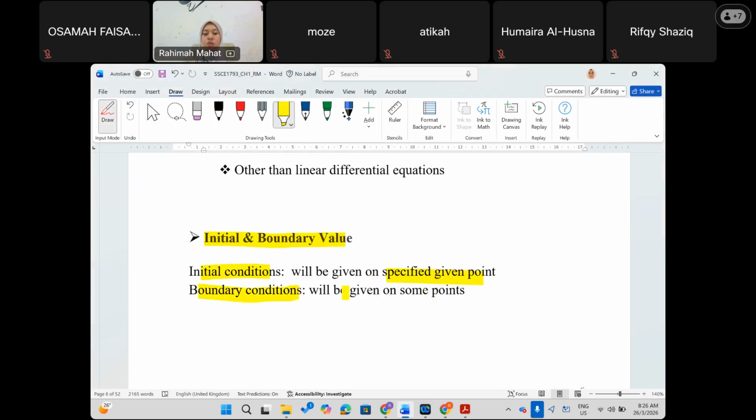And the boundary condition will be given on some points. Usually initial conditions are at the starting point of the equation. Usually we will start from 0, but you can change depending on the question given to you. That is for the initial and boundary condition.